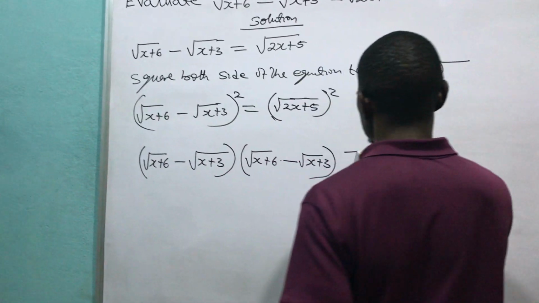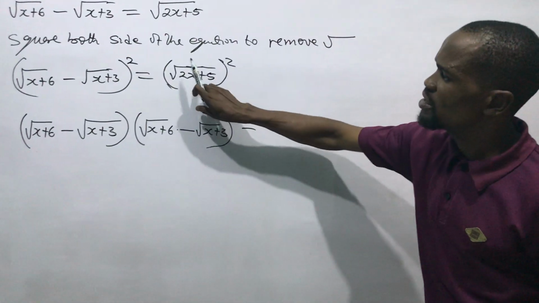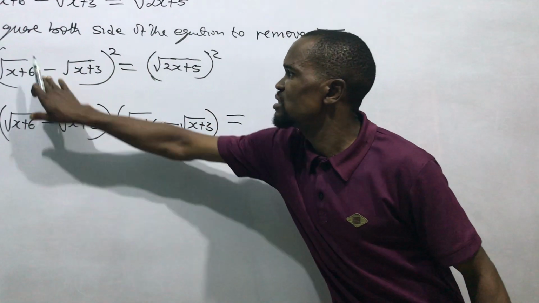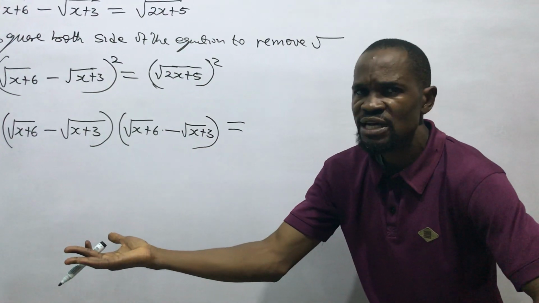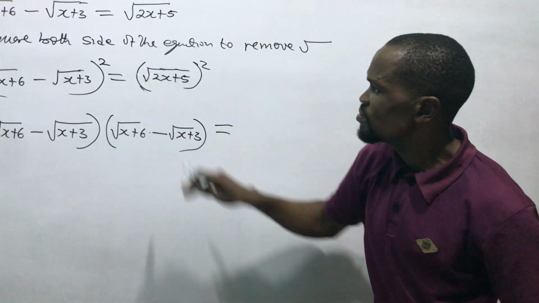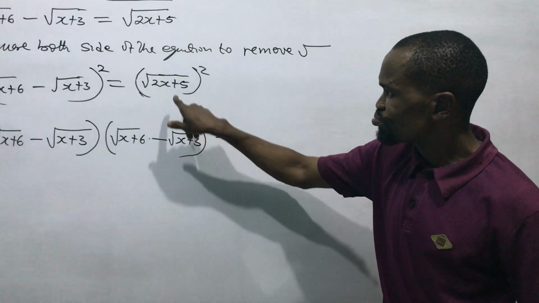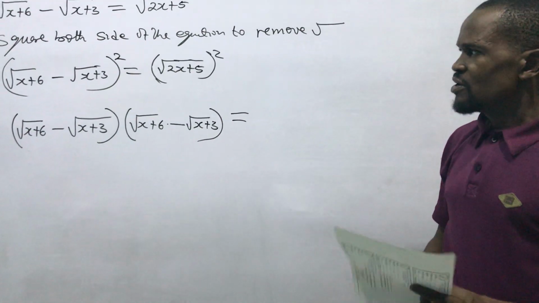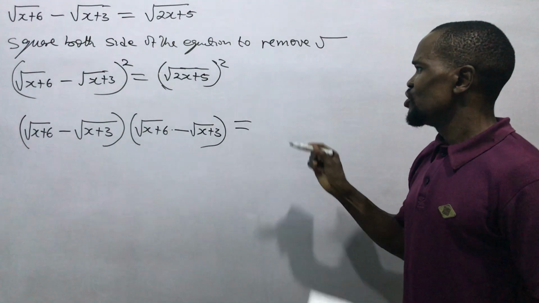And what will happen here? This root multiplying itself, which I explained now, gives x plus 6. Then what will happen to this one? It will multiply itself. It will give me 2x plus 5.